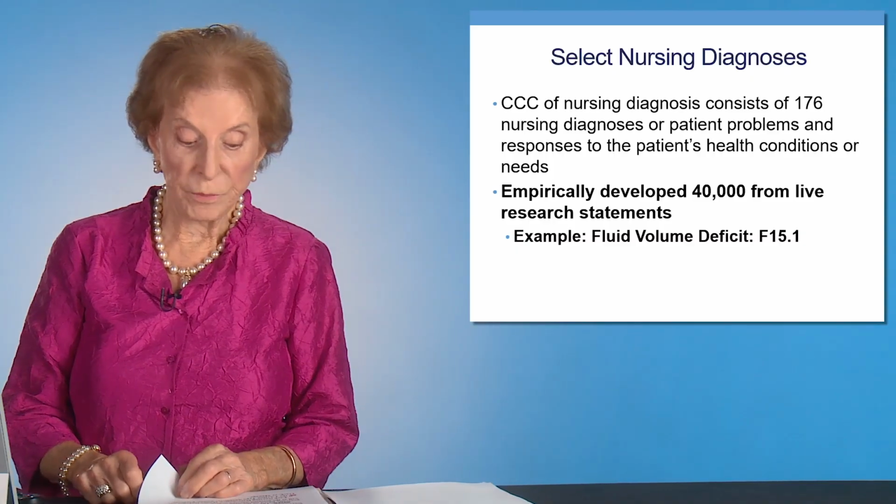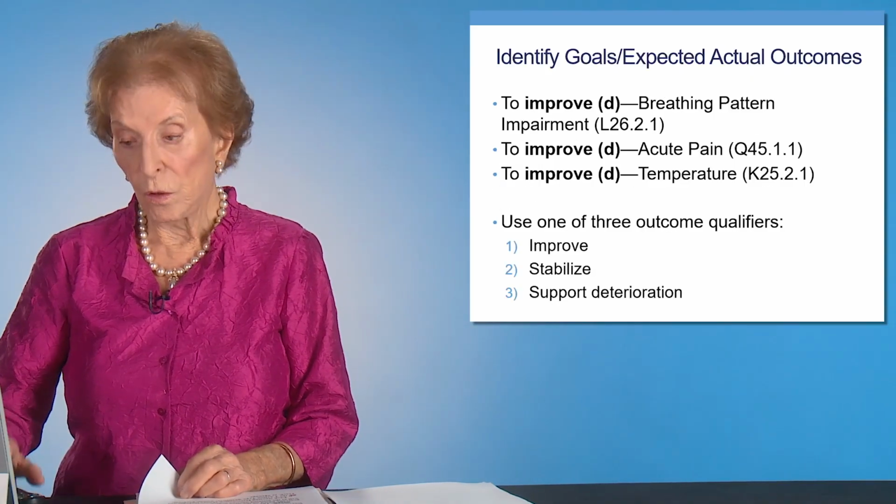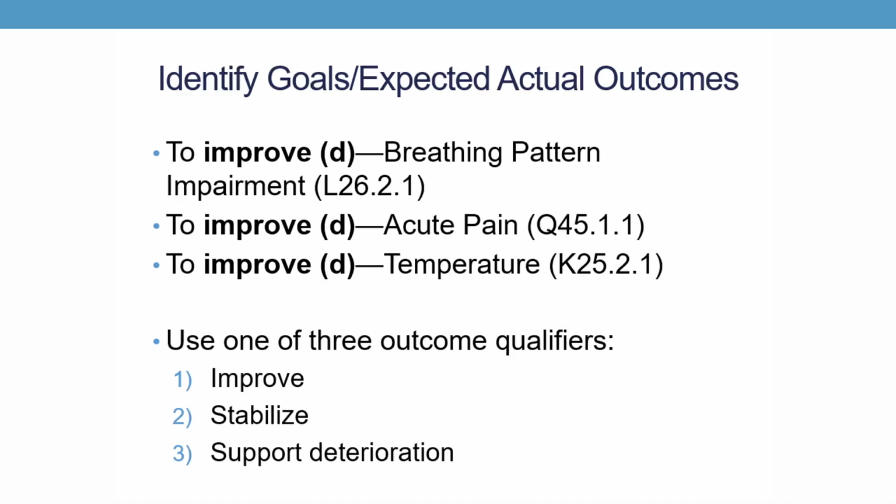The third step is represented by the goal or the expected outcome of patient care for each diagnosis in order to achieve the quality outcome measures. The goal is always represented by 3 qualifiers: to improve, to stabilize, or to deteriorate, or support nursing deterioration.